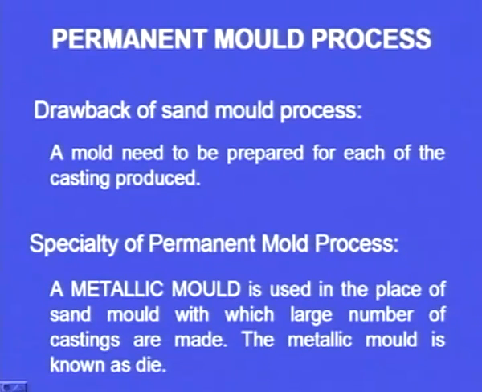What are the drawbacks of the sand moulding process? The major drawback is that we make the sand mould with the required cavity inside, we pour the molten metal, and after some time the molten metal will be solidified. After solidification is over, we break the sand and the casting is taken out. If we have to make one more casting, we have to make another mould.